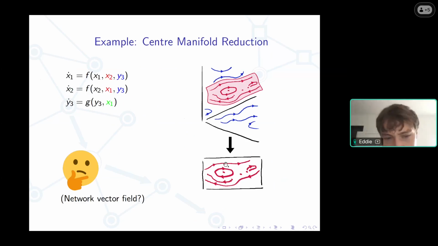So maybe it's something else. Maybe there is still some structure that we can find, because if the only thing we can conclude is that this is just a general ODE on R2, then we're out. Then it's game over, because we know by generic bifurcations, for instance, that some structure will survive.